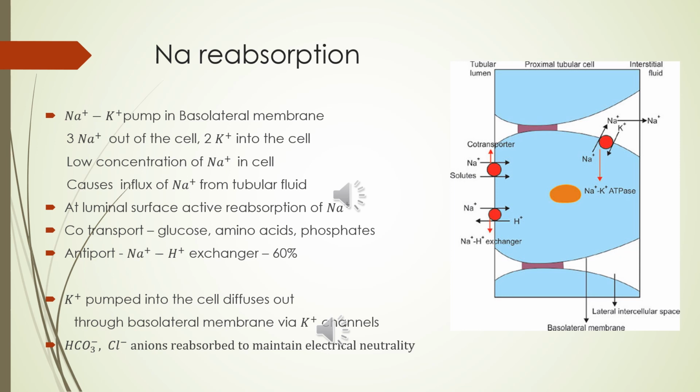And the sodium ions that are pumped out will enter the interstitial fluid, and the potassium ions that are pumped in will diffuse out through the basolateral membrane via the potassium channels. So this results in a reduced sodium ion concentration in the cell, and that eventually results in the influx of sodium ions from the tubular fluid.